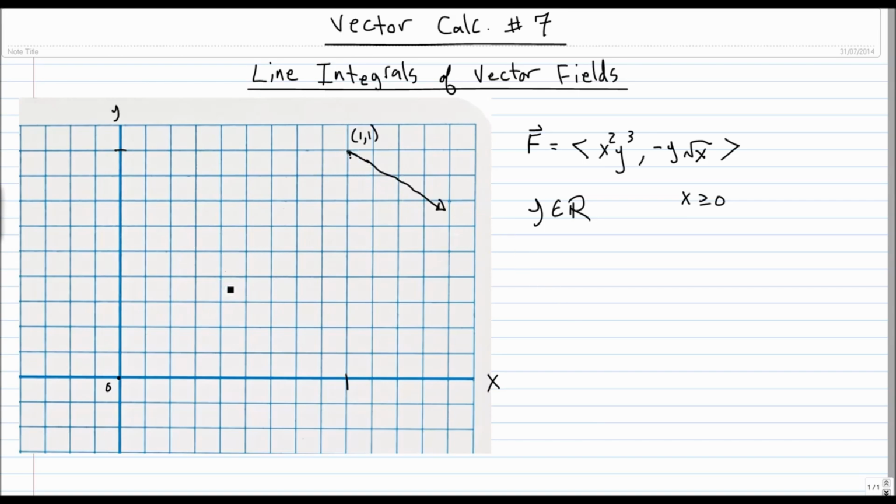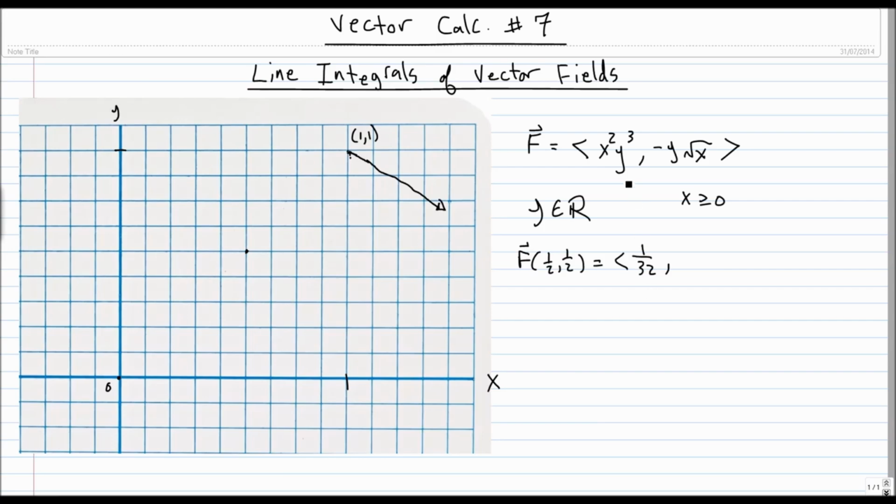Okay, so let's pick another point. Let's pick a point like halfway. Okay, so let's just say that this point is halfway. So what would that be? So f of 1/2, 1/2 would be, well, 1/2 squared, so 1 over 4, and then 1 over 8. So 4 times 8 is 32.